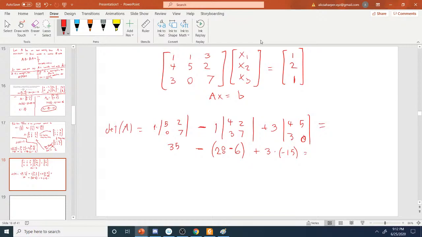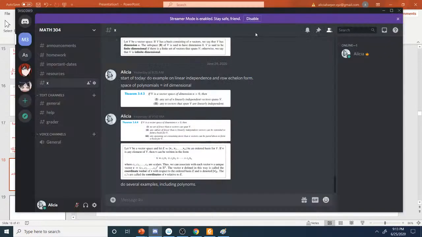So 35 minus 22 minus 45. I believe this is the same thing as negative 32. If you guys see any error with this calculation, let me know.